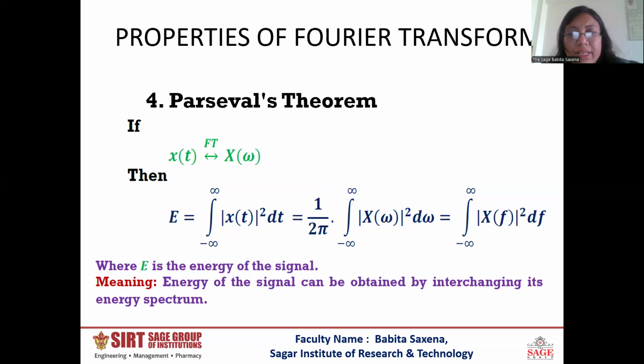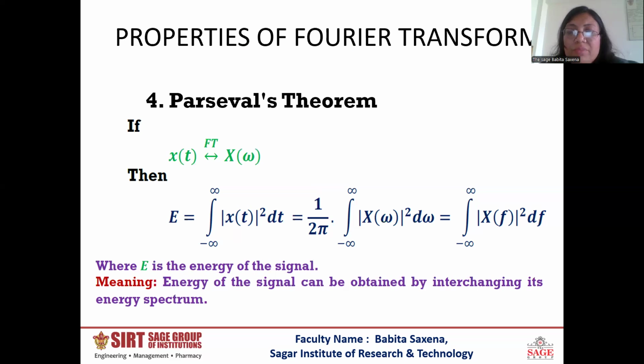Parseval theorem is very important. Many questions in the RGPV papers will come from this topic, Parseval theorem. In the Parseval theorem, you know the formula of energy. We can calculate the energy: integral from minus infinity to plus infinity of modulus of x(t) whole square dt.